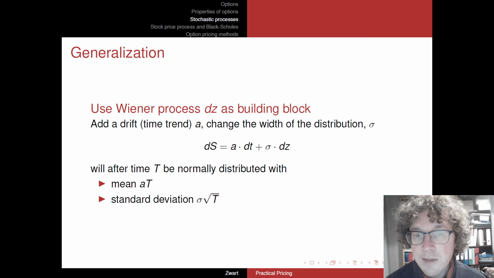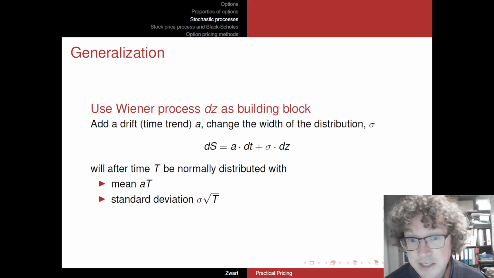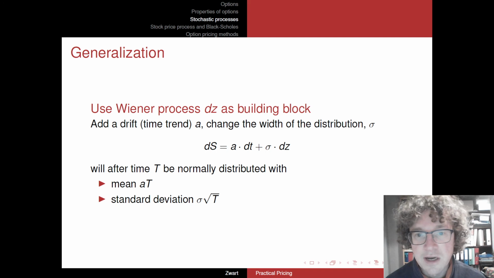But in addition to that, we also have this Wiener motion, this uncertainty surrounding this straight deterministic motion. And we multiply this distribution by some sigma, which is going to be the volatility, essentially the standard deviation of these little jiggly random movements around this linear growth in stock prices.